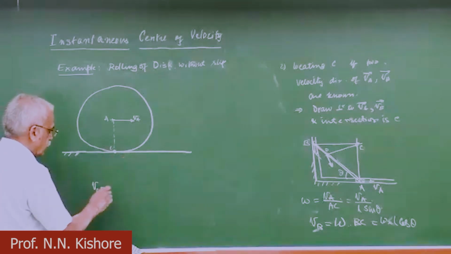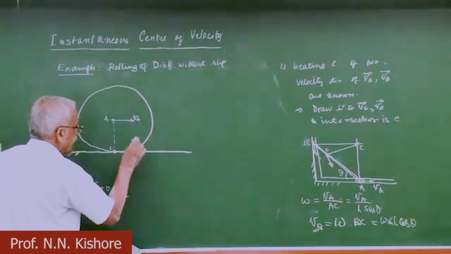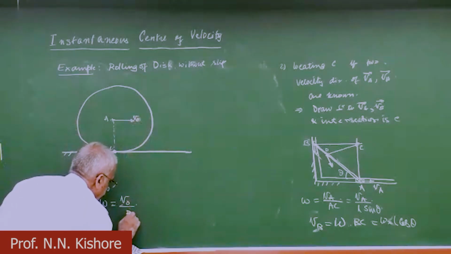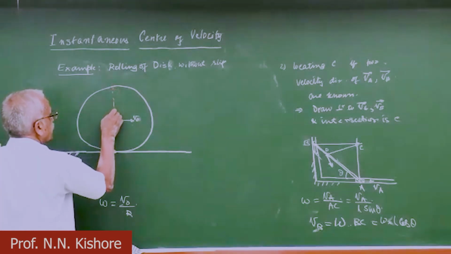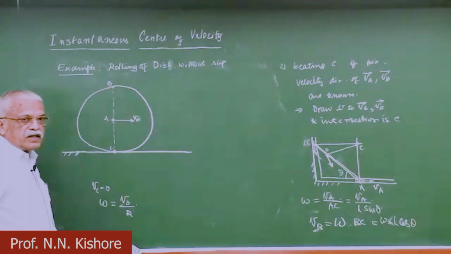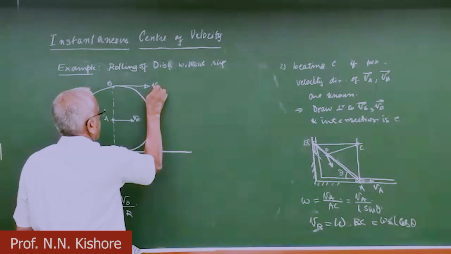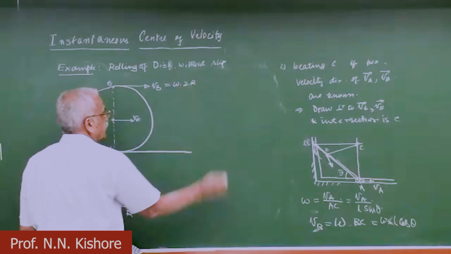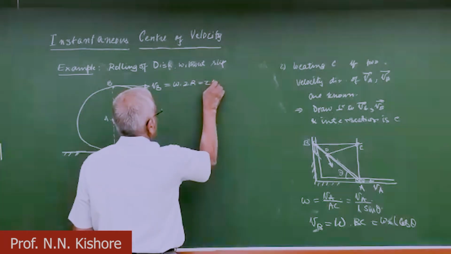Obviously we know that omega is VA, or you can even say V0 divided by R. And if you want to know the velocity of this point B, it is in this direction, and it is equal to omega times twice R, 2 omega R, or you can even say twice V0.